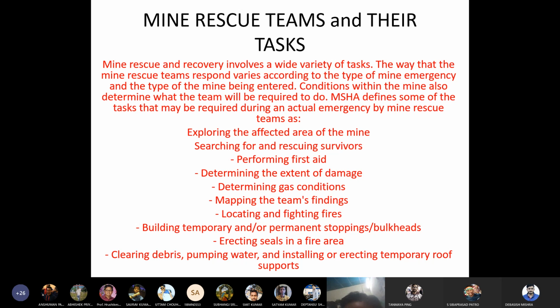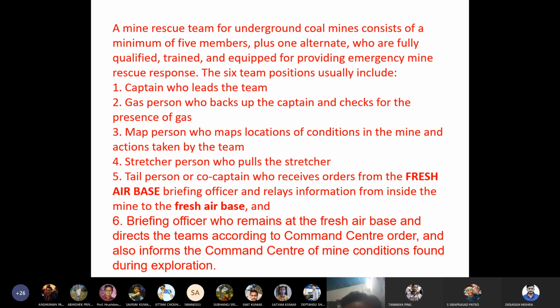These are the tasks carried out by the mine rescue team inside the mine when they go for rescue operation.